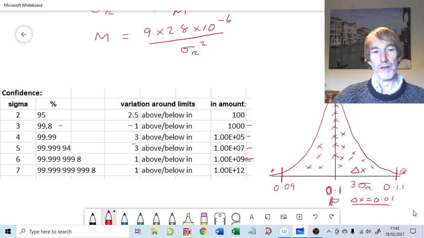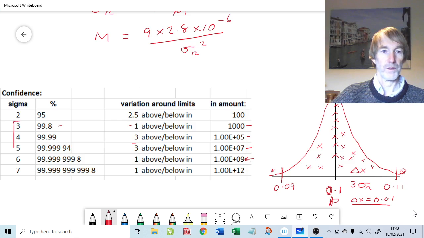So if we're going to consider a range, let's consider the range of 3 sigma to 6 sigma to illustrate what's going on, because that's what we're going to use for sigma r.